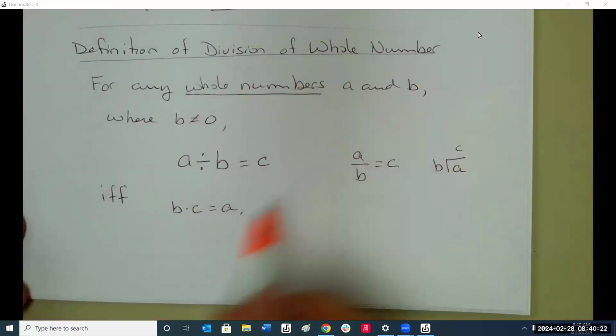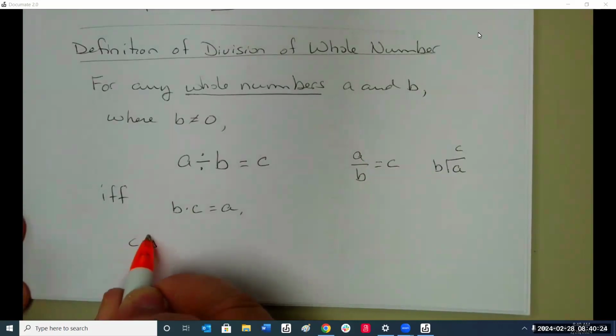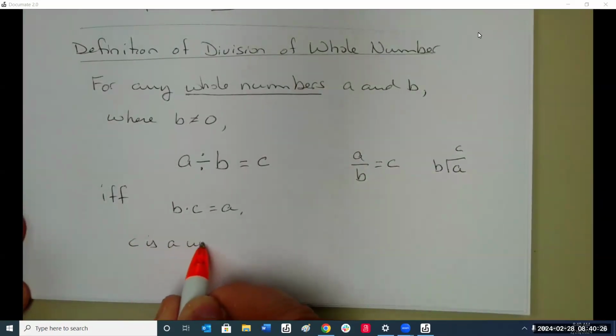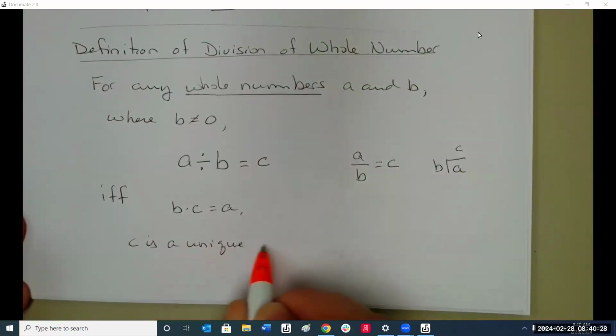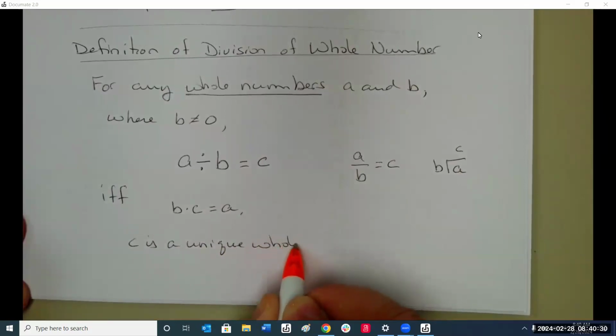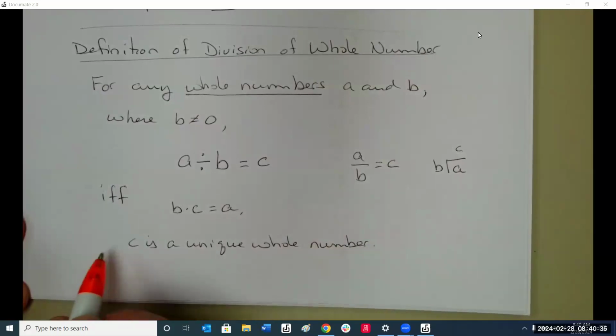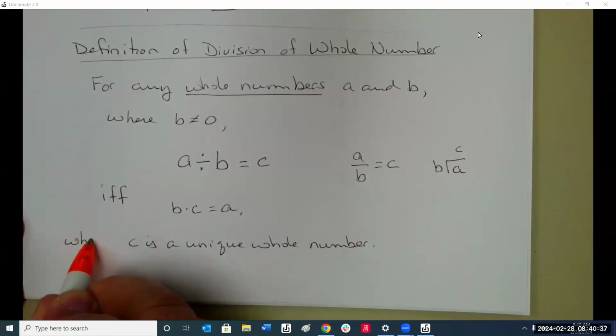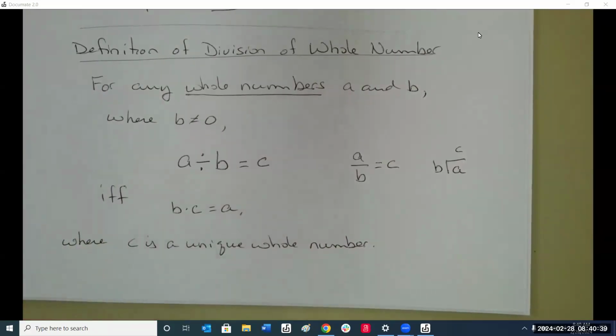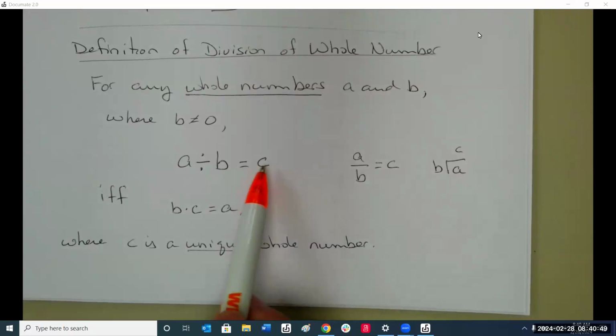Remember, since you're dealing with whole numbers, C is unique. Why does the word unique have to be in there for this answer? What does unique mean? One of a kind. In other words, for A divided by B, there can only be one answer.